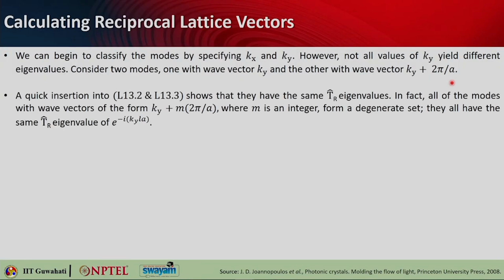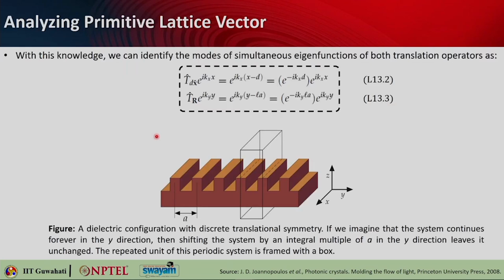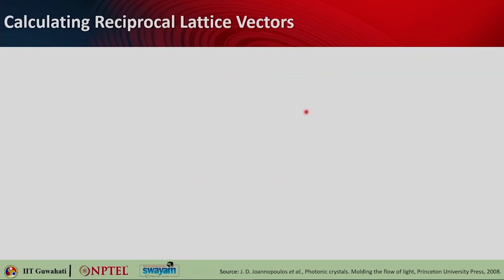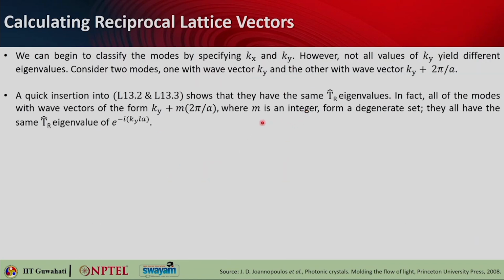Now, what is this 2 pi by a? a is the lattice constant. So, you can have wave vectors with these two values. Now, if you insert these values into the two equations that you have seen here, they will show that they have the same T_R eigenvalues.